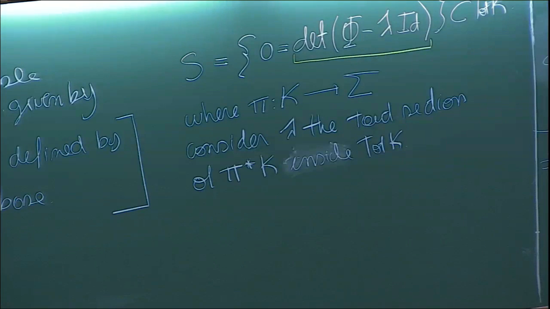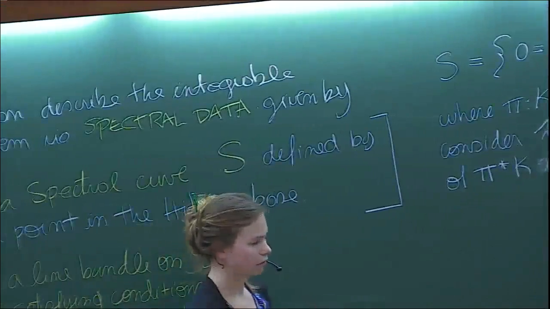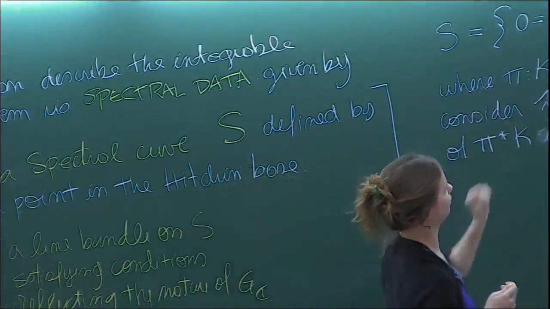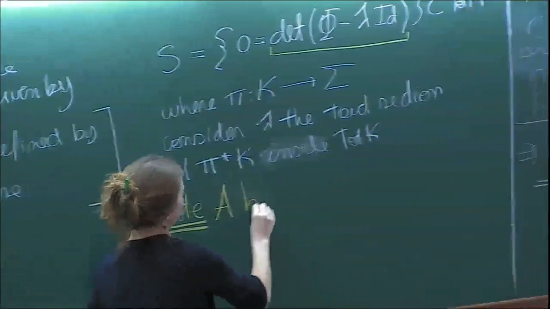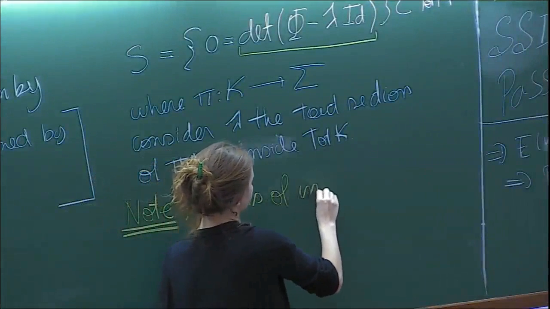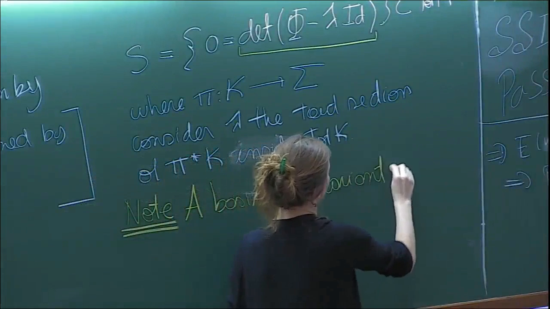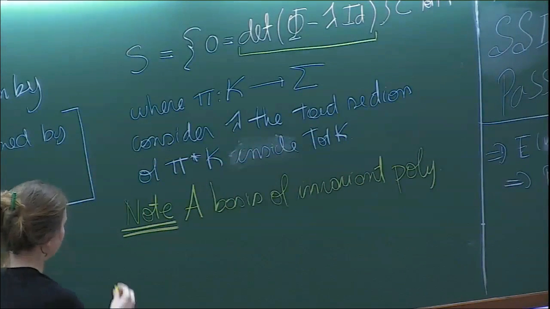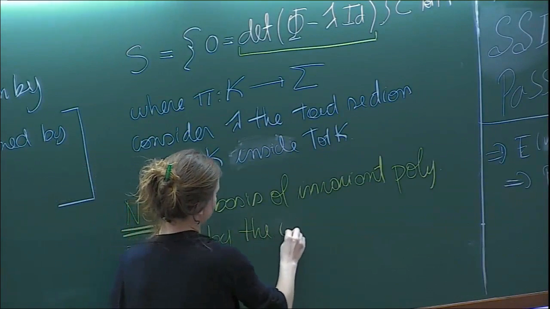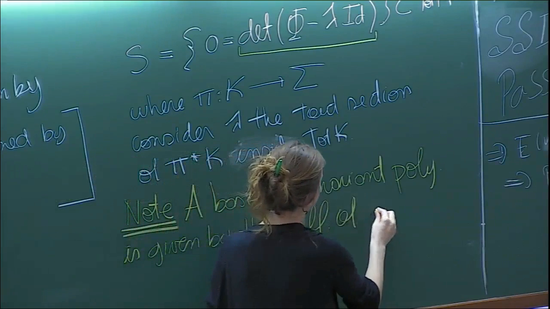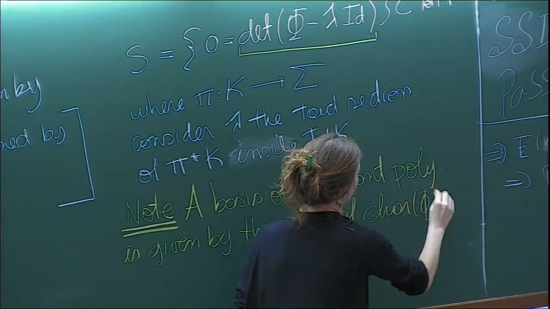In fact, for most of these groups, a homogeneous basis of the invariant polynomials is given by the coefficients of the characteristic polynomial of the Higgs field.